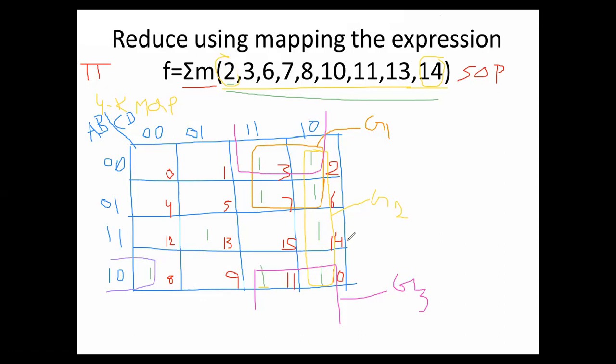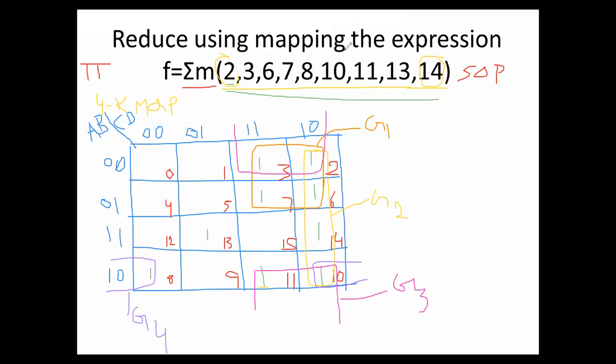This one and this one. So this is cell 8. At the place of 8, we are having 1. At the place of 10, we are having 1. These two ones form a pair group. That is group 4.